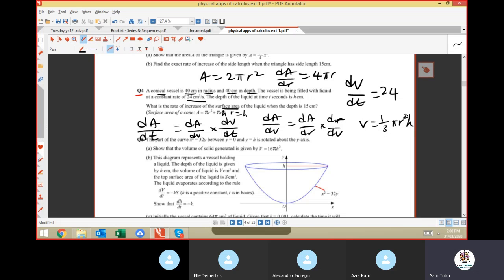Again, h is equal to r, so that just becomes r cubed, and then dV on dr times 3 pi r squared. Can I assume that you can do the rest? And then dr on dV, because you found dV on dr, dr on dV is 1 on pi r squared. And then plug dA on dr into this bit, now you just found dA on dV times dV on dt.